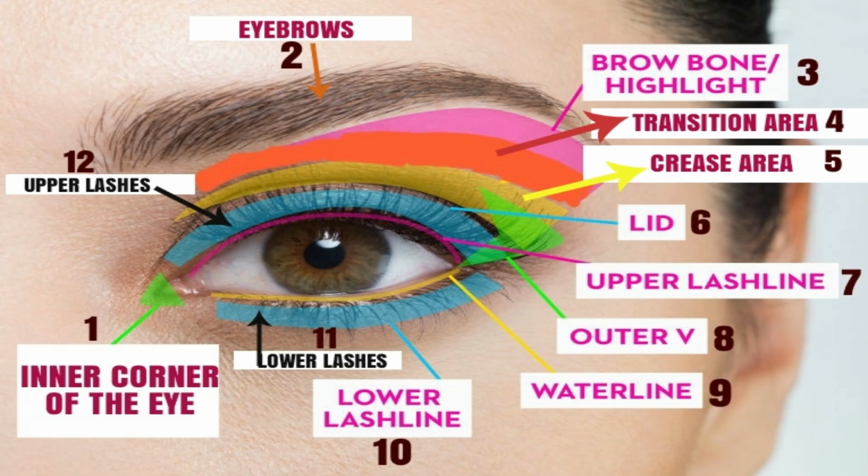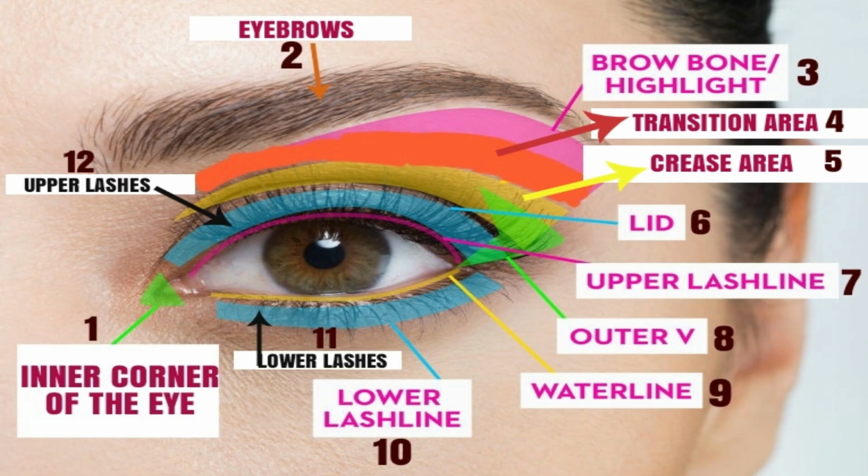And then the 12th part of the eye we are going to be talking about today is the upper lashes. Now, what do you do with the upper lashes? You can see where those little hairs are coming out. You can see the arrow pointing towards it.